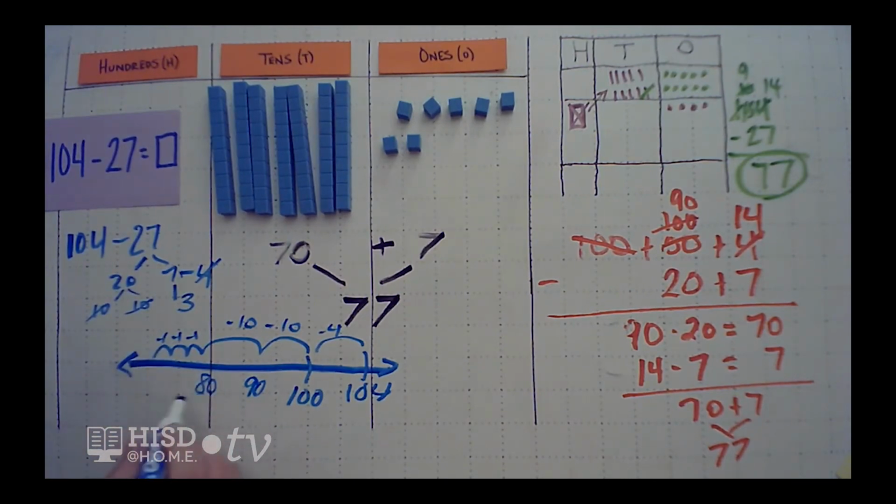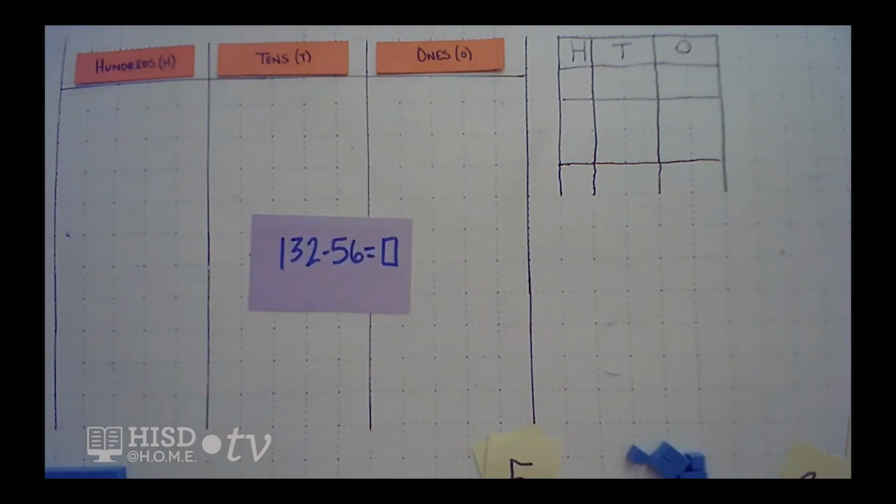And then if I count backwards, 1 jump is 79. Another jump of minus 1 is 78. And another jump of 1 is 77. So I've been able to verify in 4 different ways what the difference is of 27 from 104.